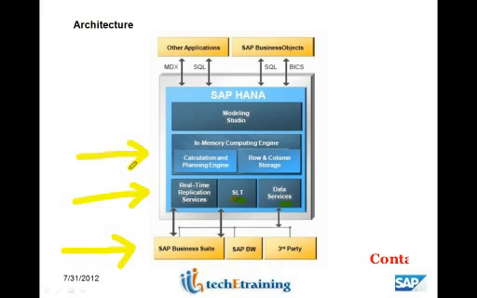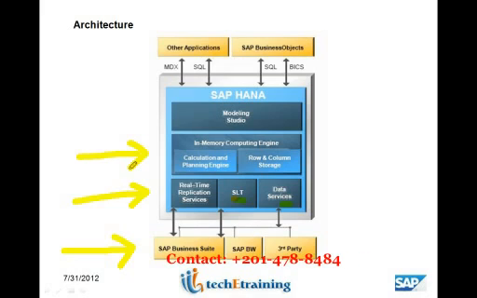So here you have two compartments, the calculation engine and the planning engine. The calculation engine does the calculation of the calculation views, calculated measures, calculated attributes, calculated columns, and even restricted measures, and many other things.